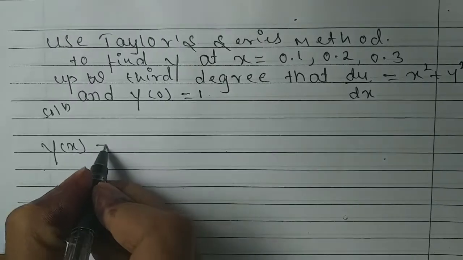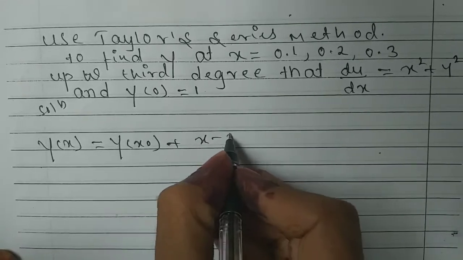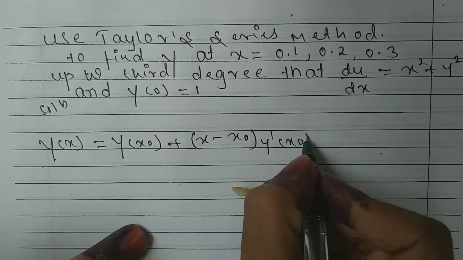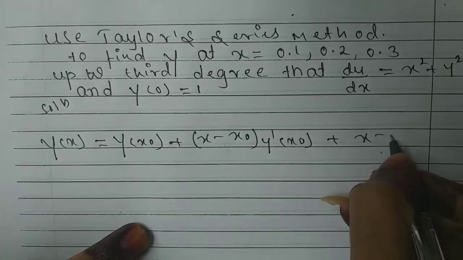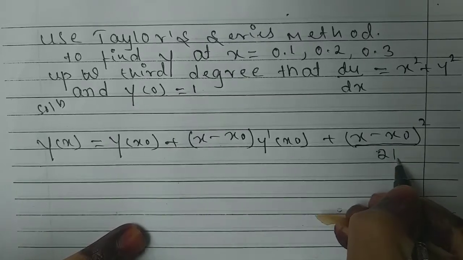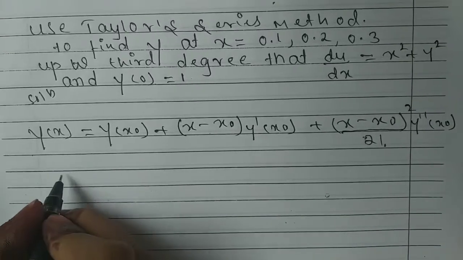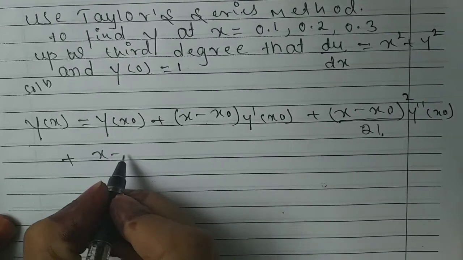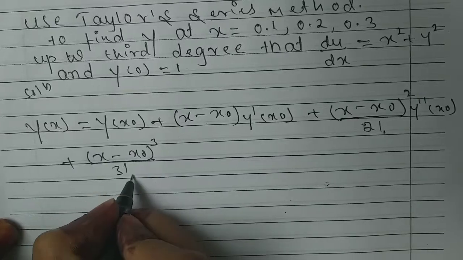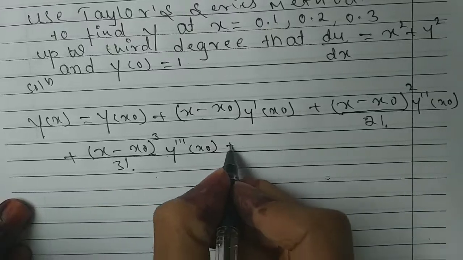Y of x is equal to y of x naught, plus x minus x naught whole square by 2 factorial y double dash of x naught, plus x minus x naught cube by 3 factorial y triple dash of x naught plus so on.